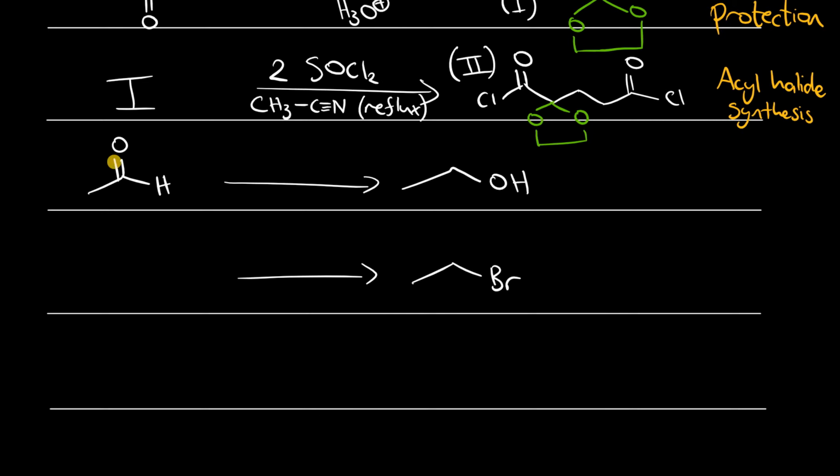We start with acetaldehyde and we carry out any sort of reduction. Let's use sodium borohydride in ethanol water. And then we can take ethanol, and to form the alkyl bromide, bromoethane, let's use PBr3 in pyridine toluene.